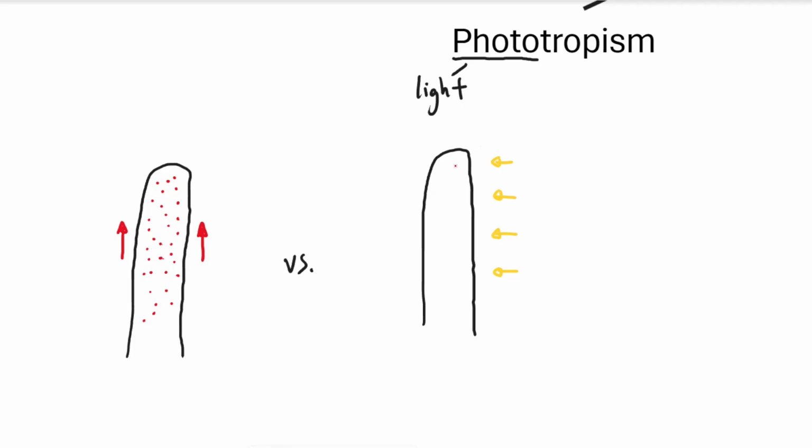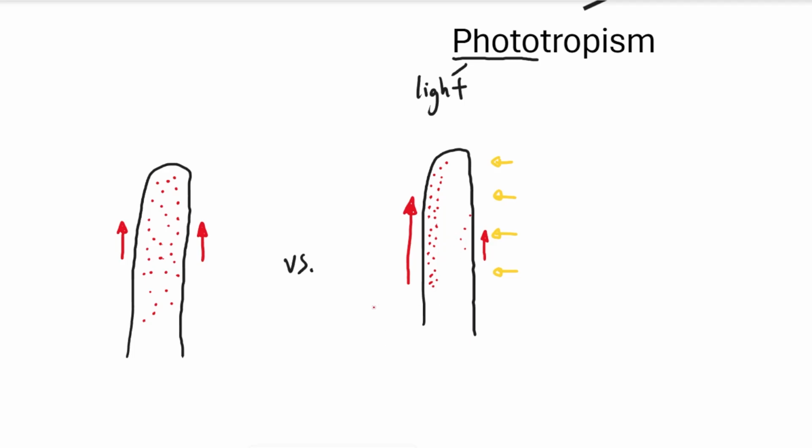So the auxins will all move towards the left side here, which is the shaded side, and there's going to be very little auxin on the right-hand side. Therefore, the growth on the shaded side is going to be a lot faster than the growth on the brighter side. There might be some auxins there, but not a lot compared to the shaded side.